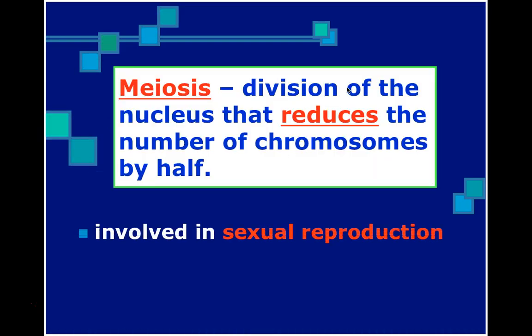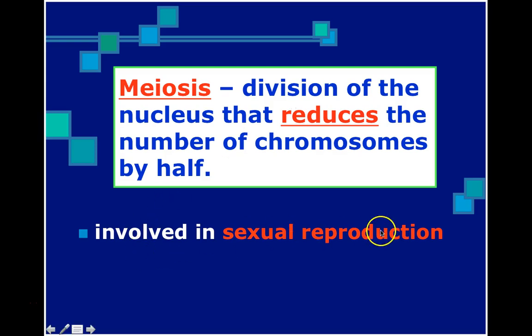What is meiosis? It is the division of the nucleus, which is exactly the same thing as mitosis. It was still the division of the nucleus, but now the difference is that it's going to reduce the number of chromosomes by half. So if you have an original cell, which would be a diploid cell, and you reduce that number by half, you've now created a haploid cell.